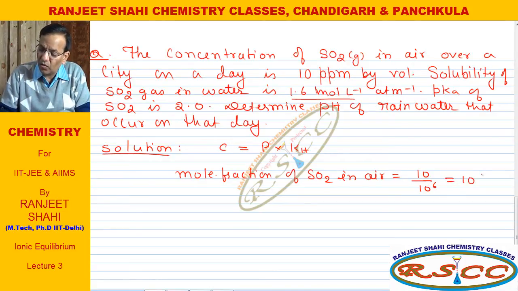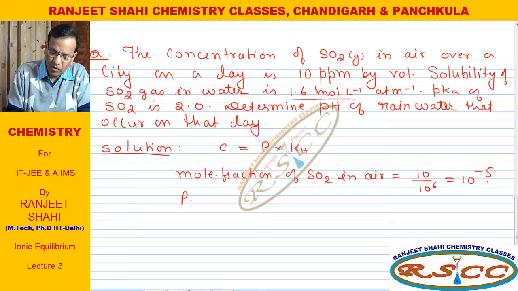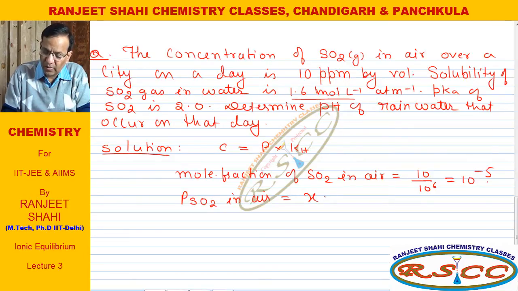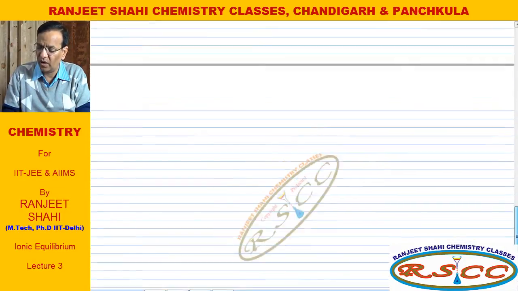So it is 10 raised to the power minus 5. If this is the mole fraction, then partial pressure of SO2 in air will be equal to mole fraction multiplied by total pressure. So total pressure is 1 atmosphere, so it will be 10 raised to the power minus 5 atm. So now partial pressure of SO2 is known, this constant is given, so concentration of SO2 in water can be determined.